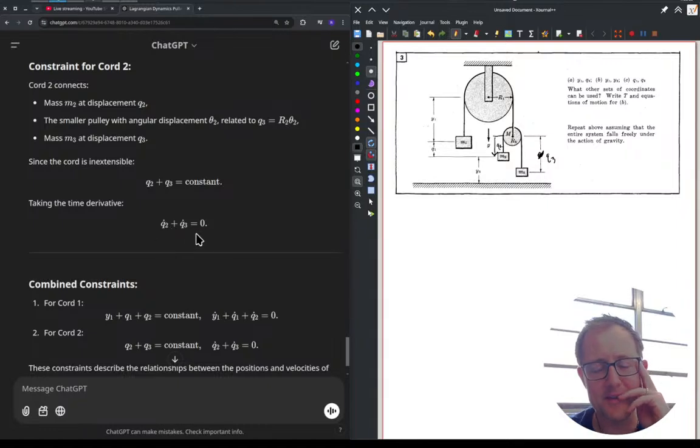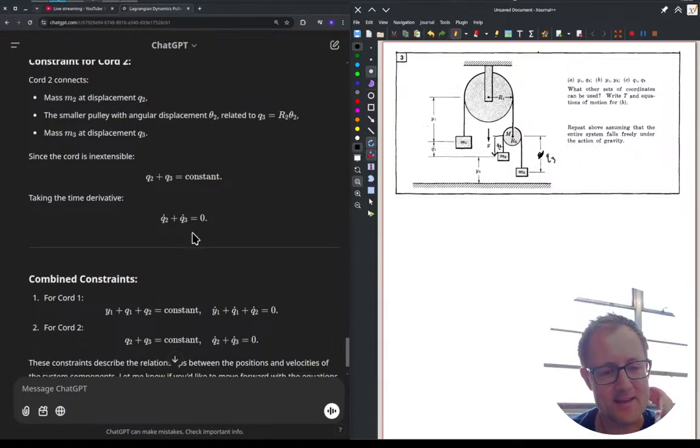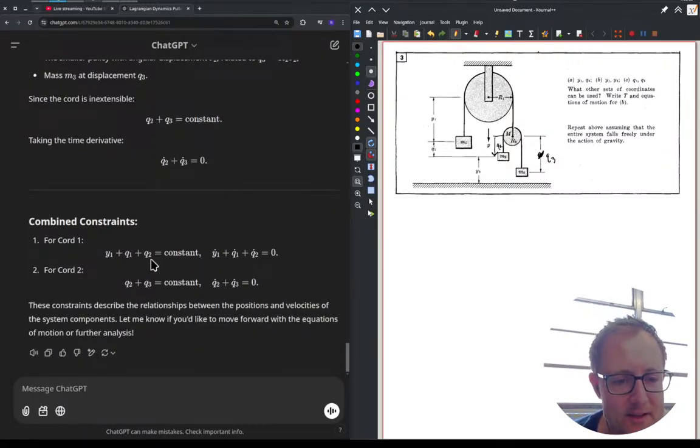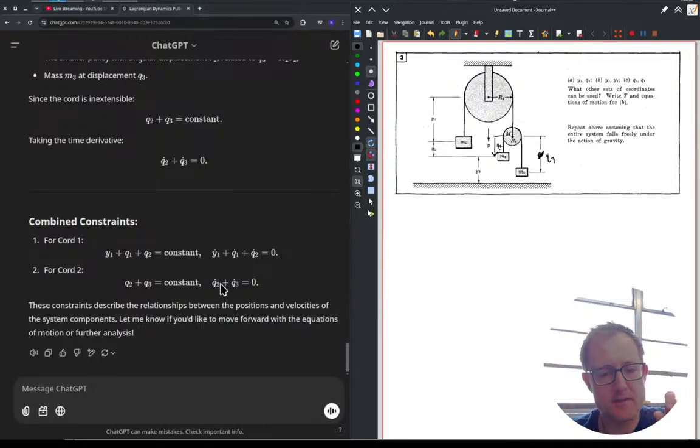So q2 dot plus q3 dot, that's true. And so those constraints are helping us, because once we have some constraints, then we can start saying what the kinetic energy is.